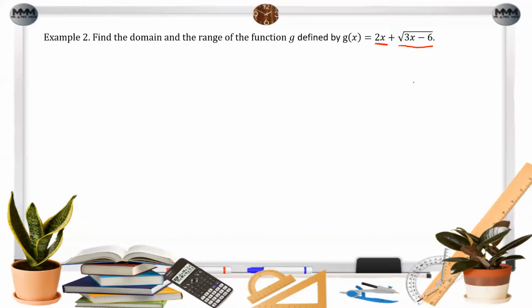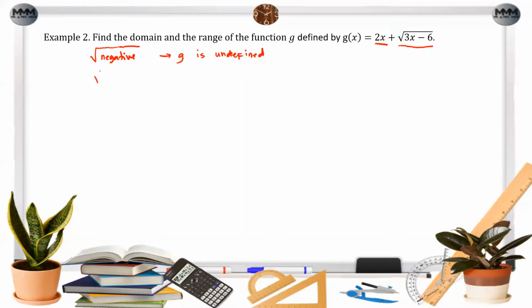So let's divide the values of x into where the function is defined or not. Again, as I said a while ago, when the value of the number inside the radical sign is negative, it means g, which is the function, is undefined in R, because we cannot get the square root of a negative number.